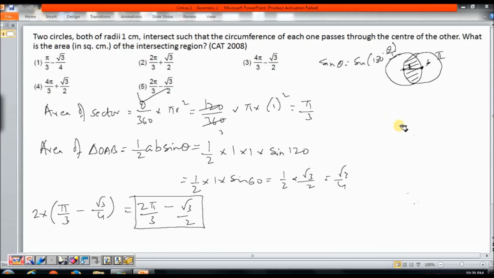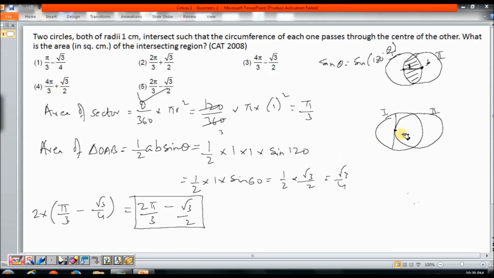So let me draw the figure again. This is the center of the first circle. Now, if I draw a diameter, can I draw a diameter which is tangent to the circle number 2 at this point? Something like this. This is one diameter, right, which is tangential to the circle number 2.